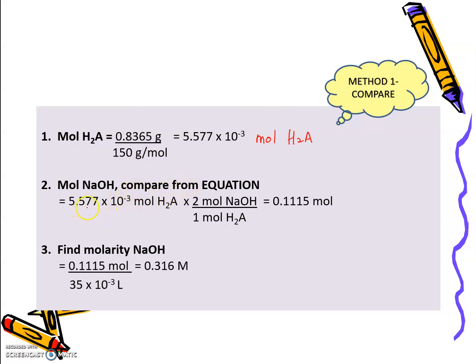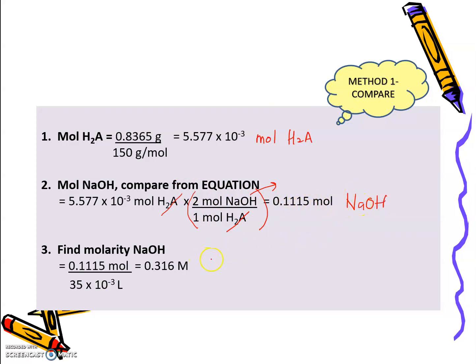Okay, so 5.577 exponent negative 3 mole diprotic acid times information from the equation, so times 2 mole sodium hydroxide divided by 1 mole diprotic acid. So you can cancel unit of diprotic acid here to get the desired unit, which is mole of sodium hydroxide. Okay, so the answer is 0.1115 mole of sodium hydroxide.